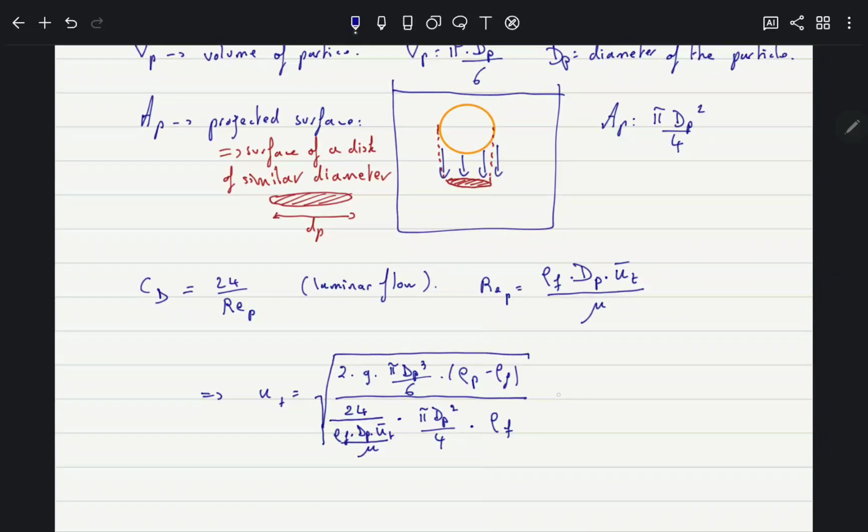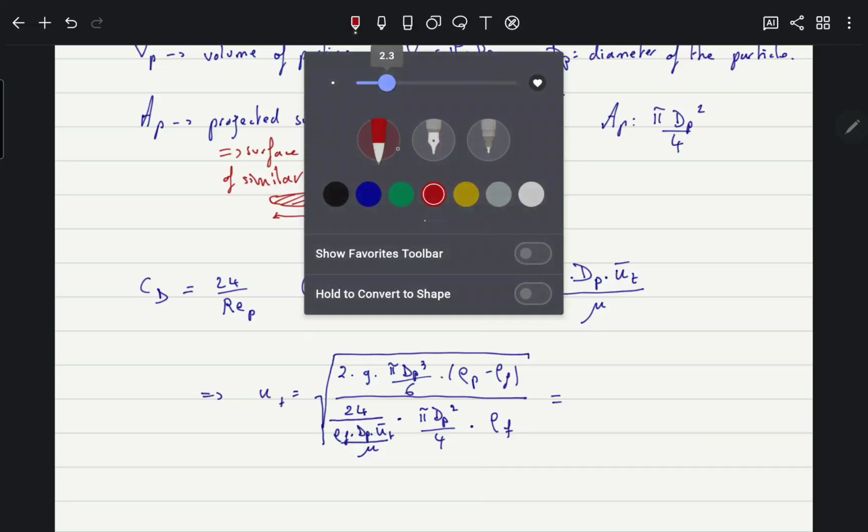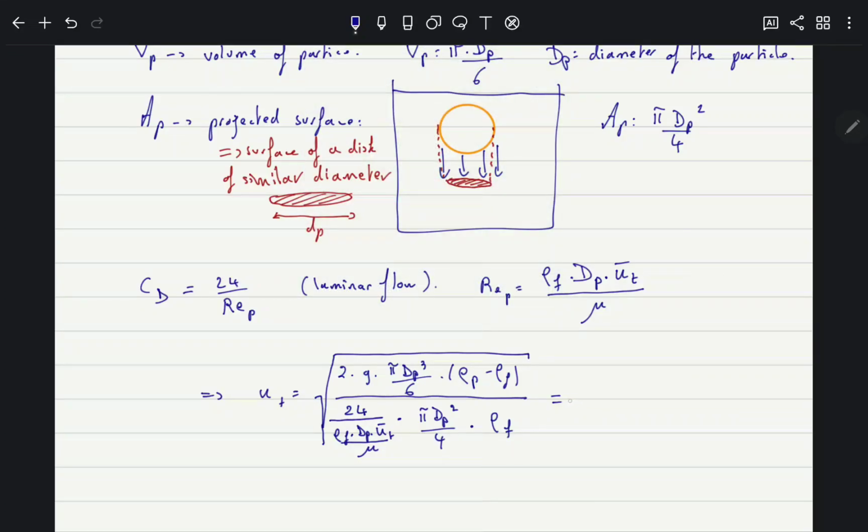And now we can simplify everything. So let's look at all these terms. Here we have dp cube at the numerator. At the denominator here we have dp squared divided by dp, so we have dp. So eventually here what remains is just a dp square.